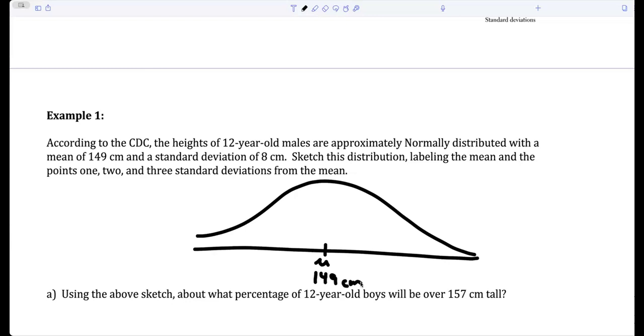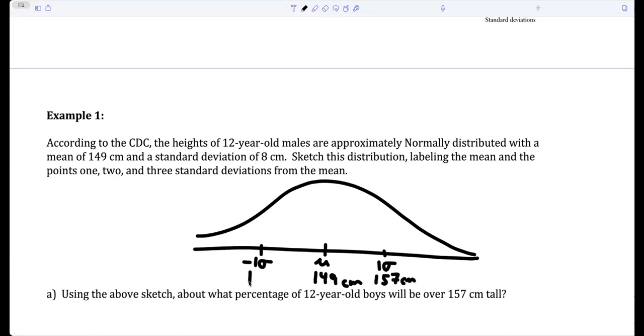And then we're going to go out 1 standard deviation from the mean. So let's say maybe right there and right there. So this would be 1 standard deviation, and this would be -1 standard deviation. And the standard deviation in this case is 8 centimeters. So I'm going to add 8. That gives me 157.